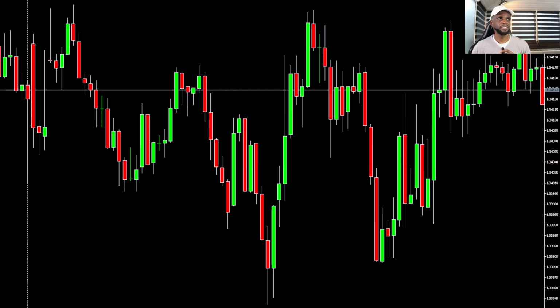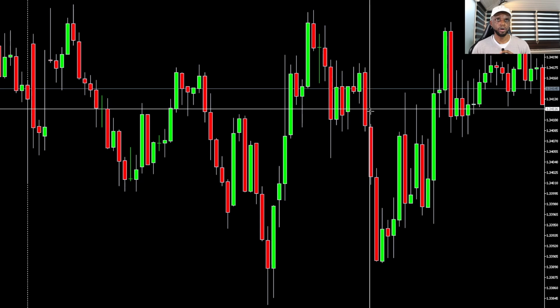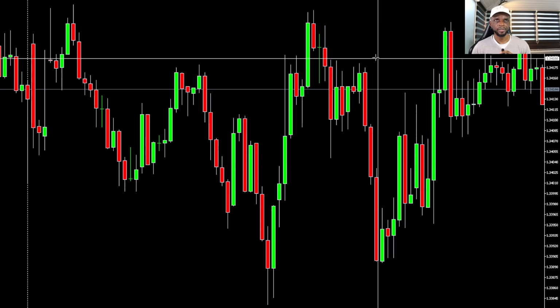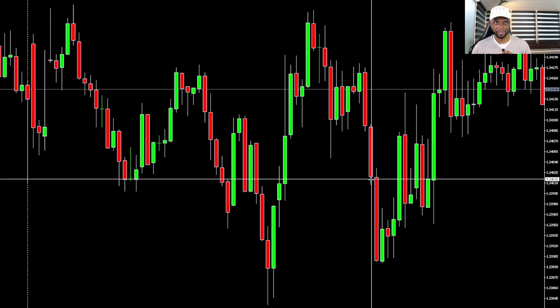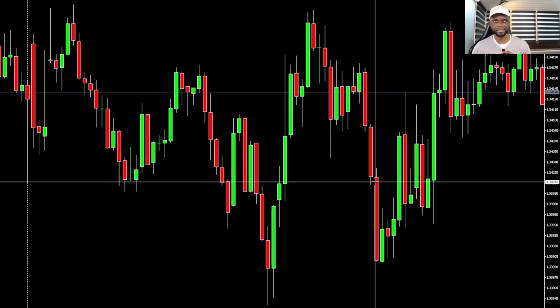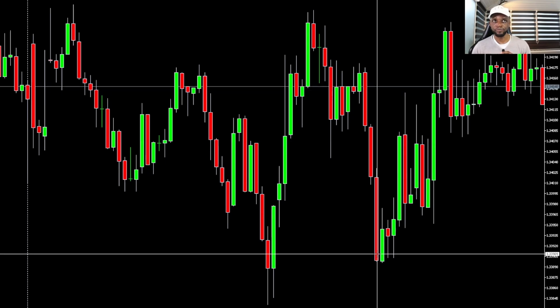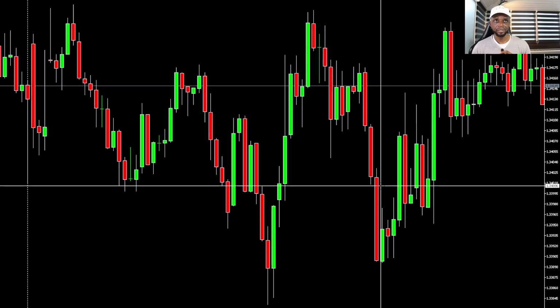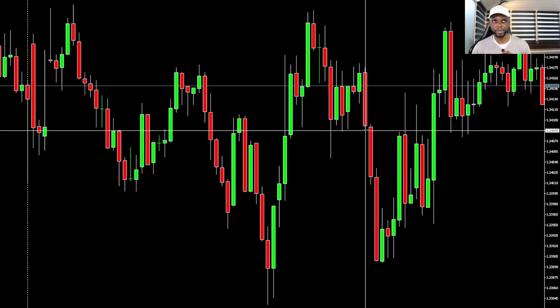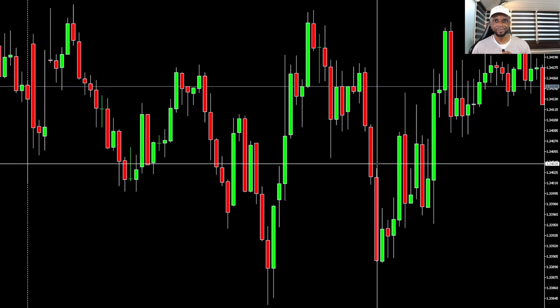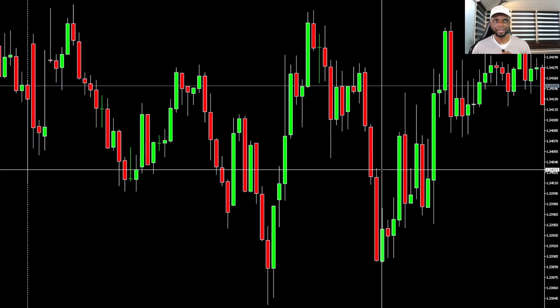If we take these three bars, 1, 2, 3, can you see this closed here? This next bar was formed, closed here. This third bar was formed, closed here, but it didn't go back up to touch the bottom wick of this first bar, which means there was an imbalance between here and here.